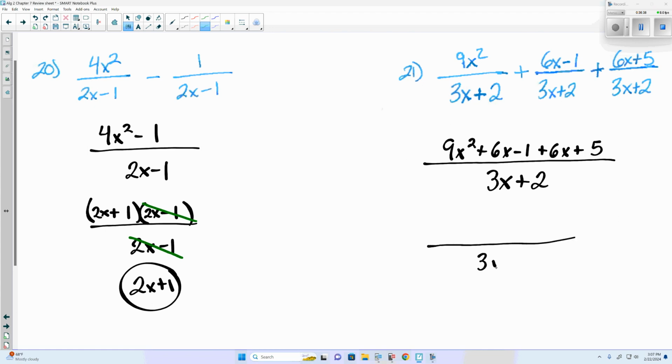It's going to be 3x plus 2 on bottom. The numerators, 9x squared does not have any like terms. But our 6x and 6x give us plus 12x. Negative 1 plus 5 is plus 4.